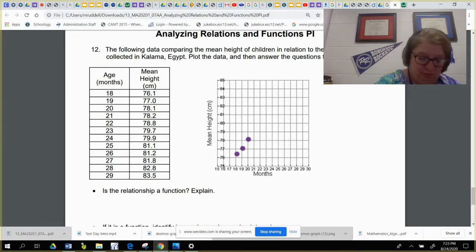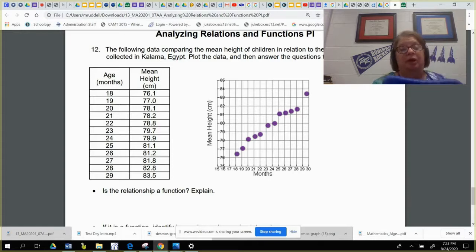Until I get it graphed. 21, 78.2, 22, 78.8, 23, 79.7, which is almost 80, 24 and 80, almost 80 again, 25 and 81, 26 and 81.2, 27, 81.8, 82.8, 83.5. Okay, there's an approximation of that data.